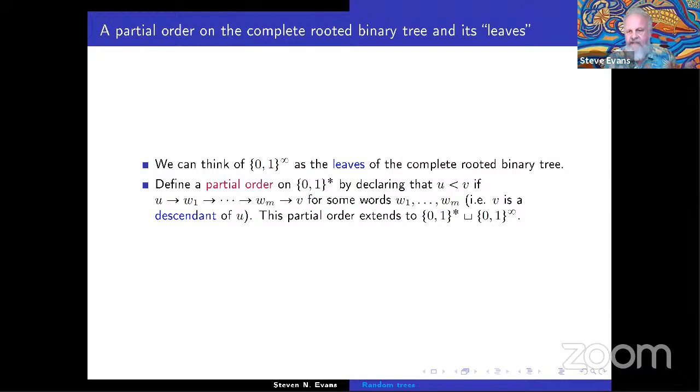So in genealogical terminology, V is a descendant of U, and this partial order extends in an obvious way to {0,1}* union {0,1}^∞. I'm just using the square cup here to emphasize that this is a disjoint union.